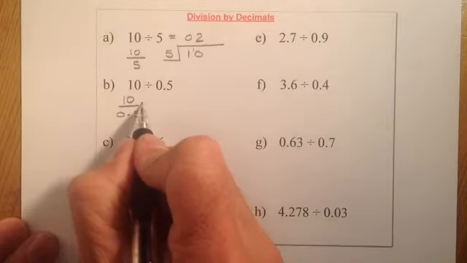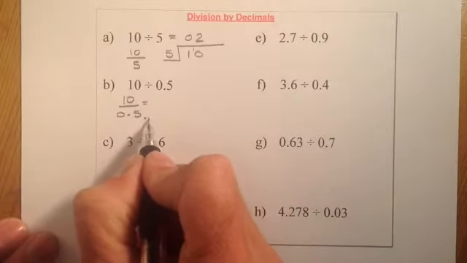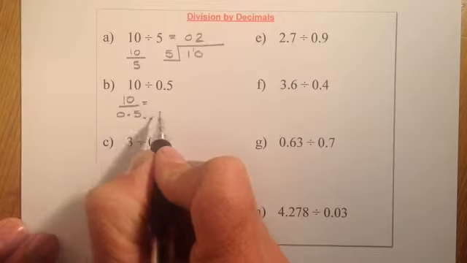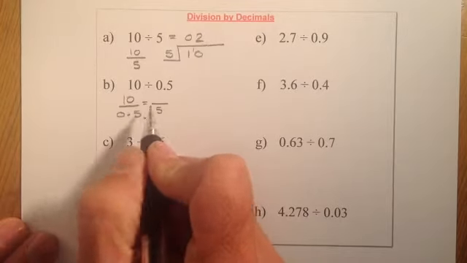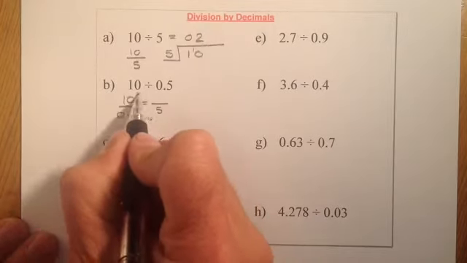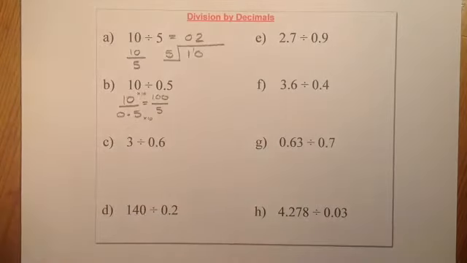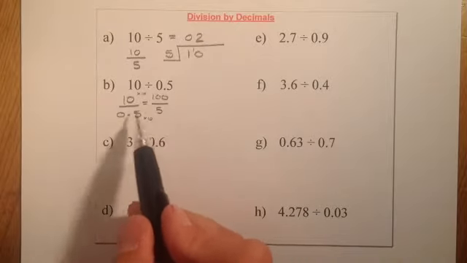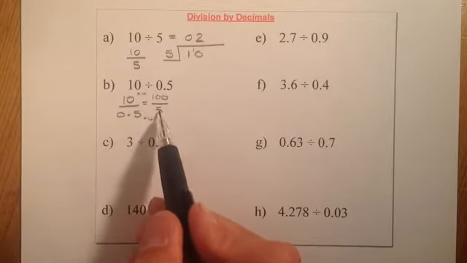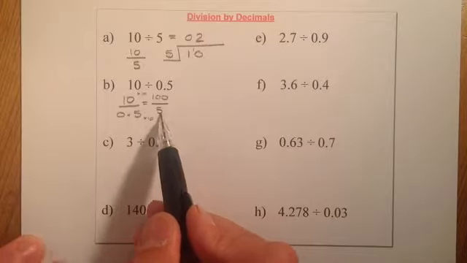So what I'll do is I'm going to times the bottom by 10. So if I times that by 10, I move the decimal point to there, which gives me a 5. And if I times the bottom by 10, I can times the top by 10. And what I get is 100. So that gives me an equivalent fraction, but the good thing with that is there are no decimals on the denominator, which is more important.